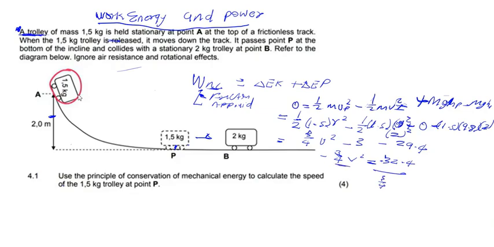Then you divide both sides by 3 over 4, so v squared is 32.4 divided by 3 over 4, so it's 43.2.